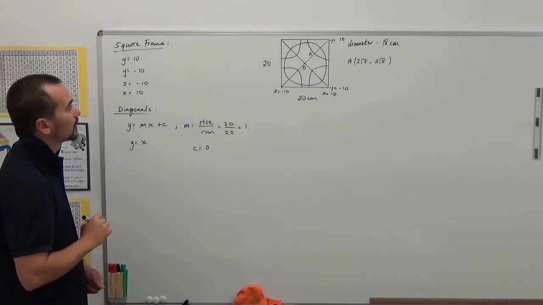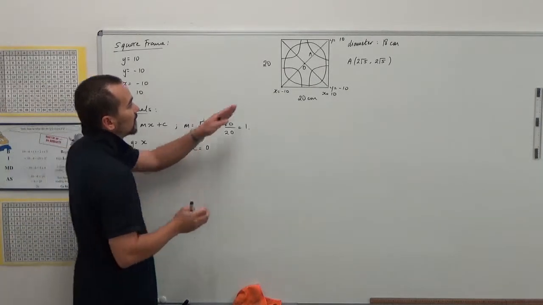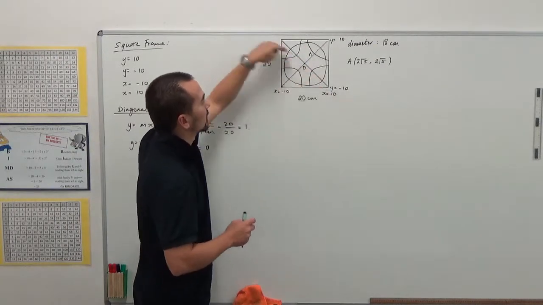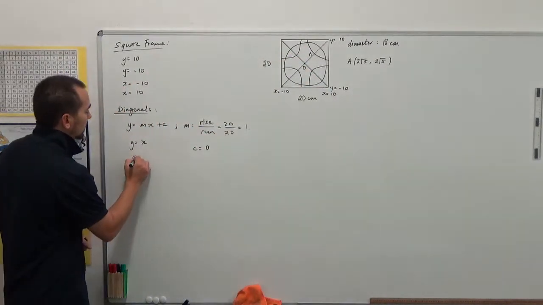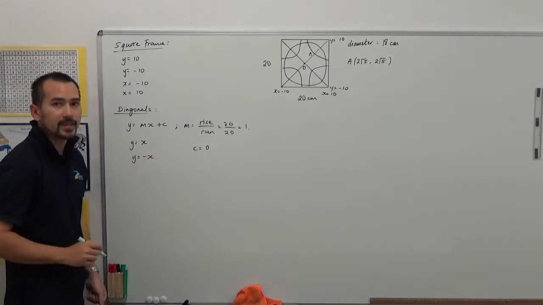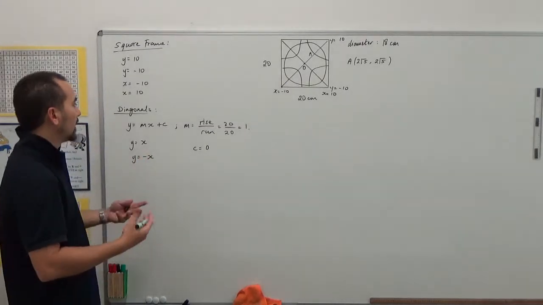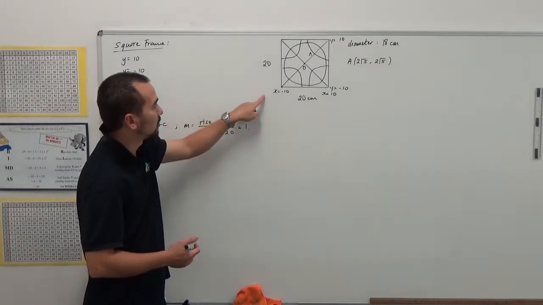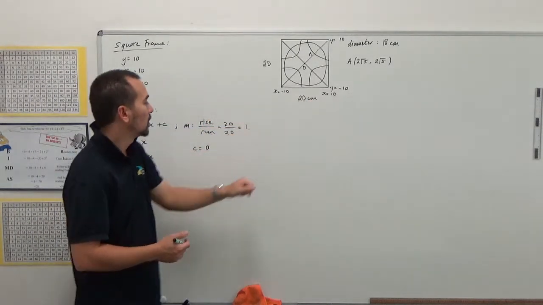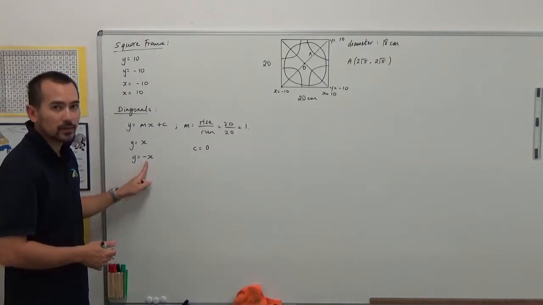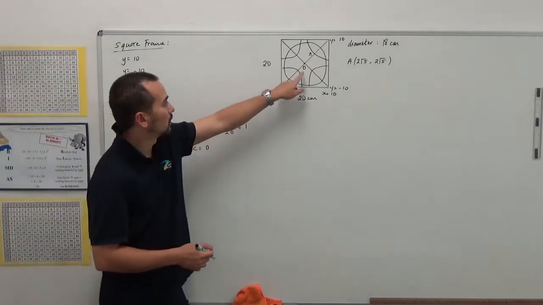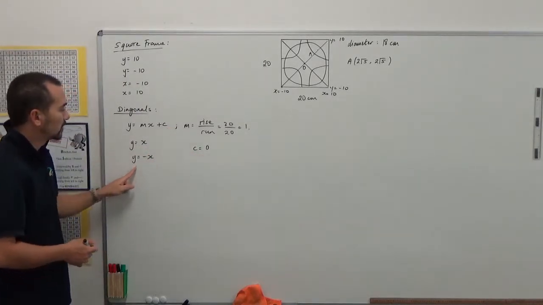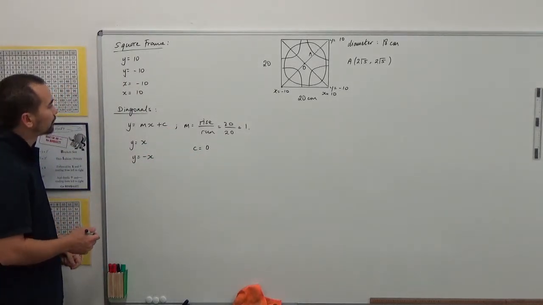Now, likewise, if this is y equals x, then this diagonal line would be y equals negative x. The rise would be going down 20, the run is still across 20, so we get negative 1 for our gradient. It still goes through the origin, so our c value is still 0. So that confirms what we already have.